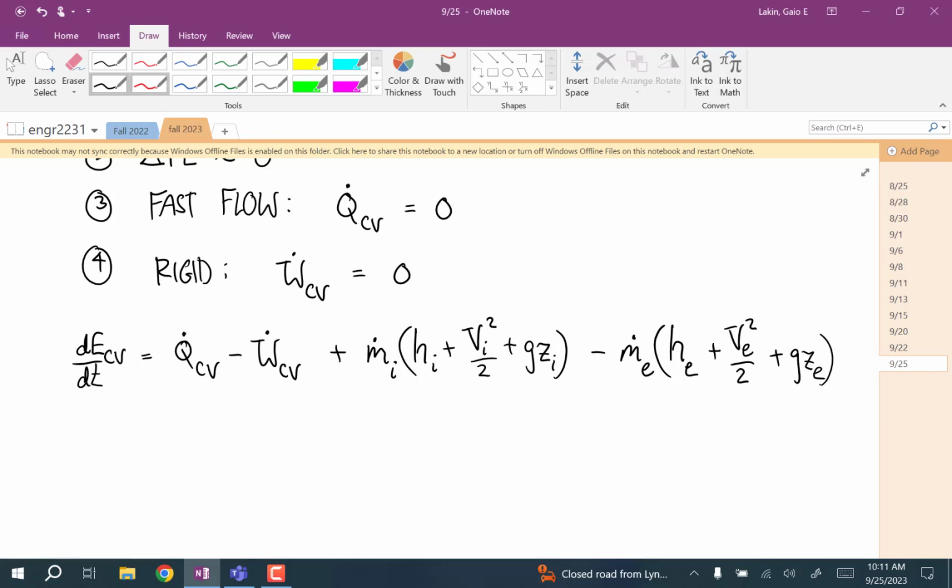And let's start canceling stuff. So this goes away. These both, we'll just call them m dot, so those don't have to be different anymore. There's no heat transfer. There's no work. And there's no change in potential energy, so we'll cancel those two.